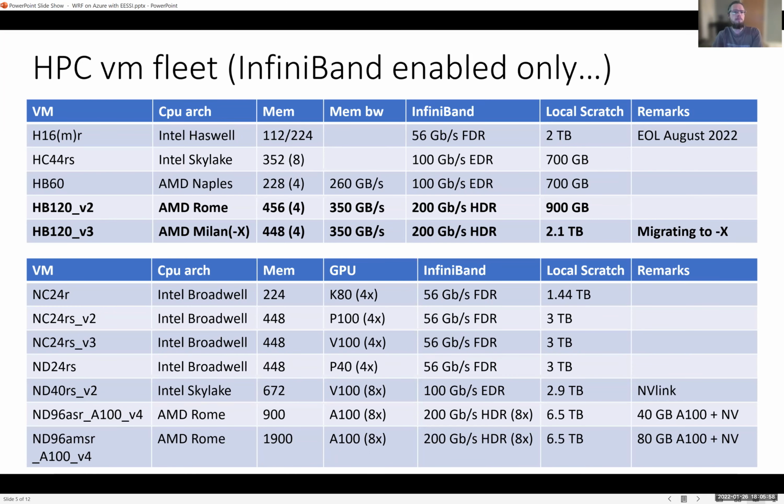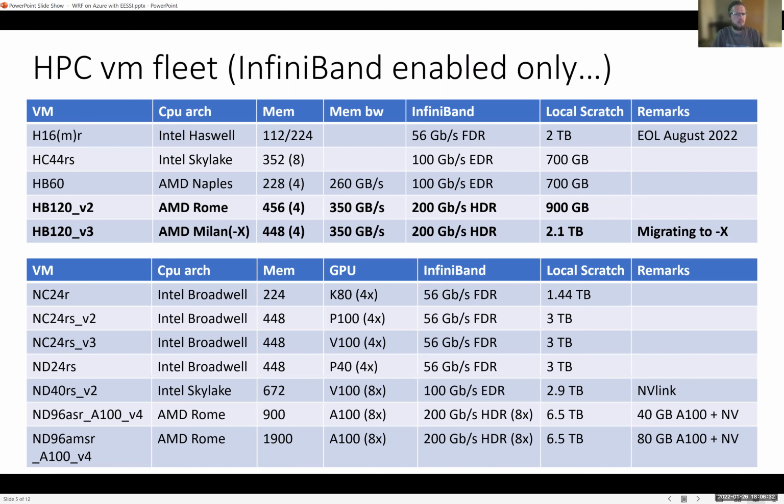First of all, let me show you a couple of generations of nodes that are InfiniBand enabled. On the top graph, you see the CPU-based nodes. Roughly six years ago, we started with, well, actually, to be honest, before then, there were the A9 and A10 nodes, which were already QDR-enabled InfiniBand.